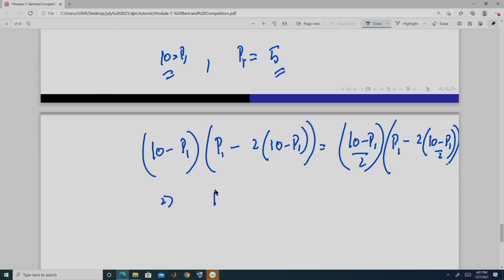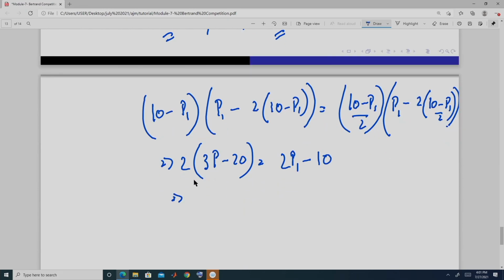So, this implies this. So, it is 30 by 4.